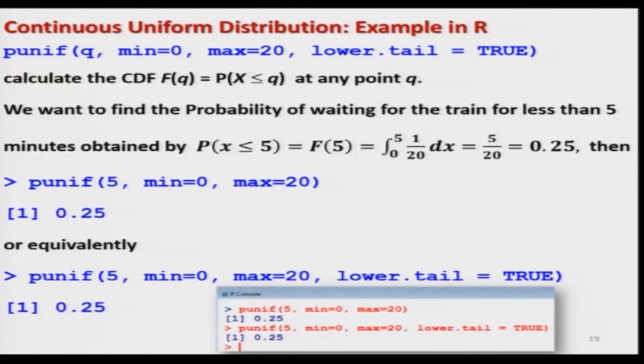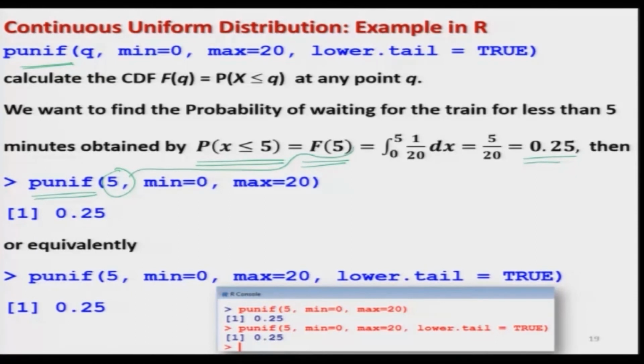Now you know that using the command punif you can compute the CDF, right. Suppose we want to find the probability that x is less than or equal to 5. This can be written as the CDF at the value 5, and if you solve it, this will come as 0.25, that we have already done. But now let us find this probability directly using R. I use the command punif and write 5.